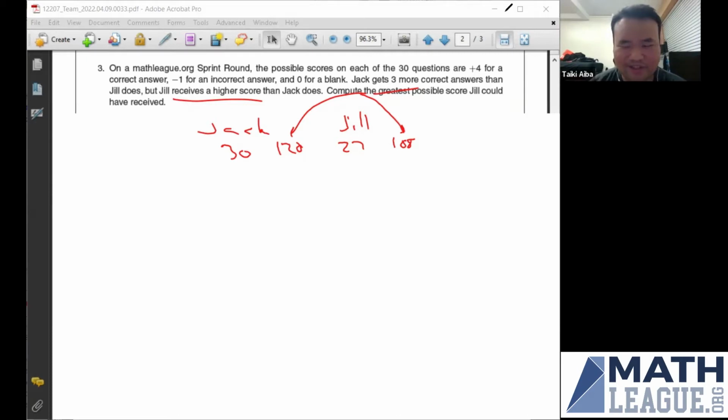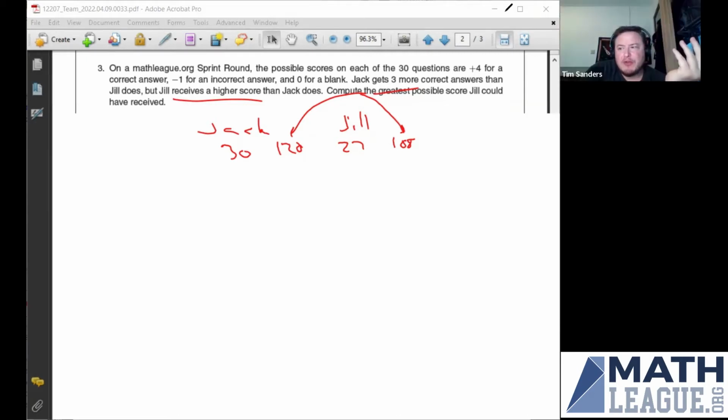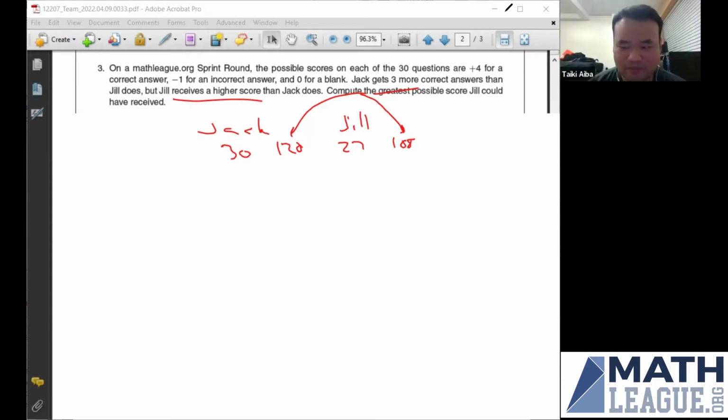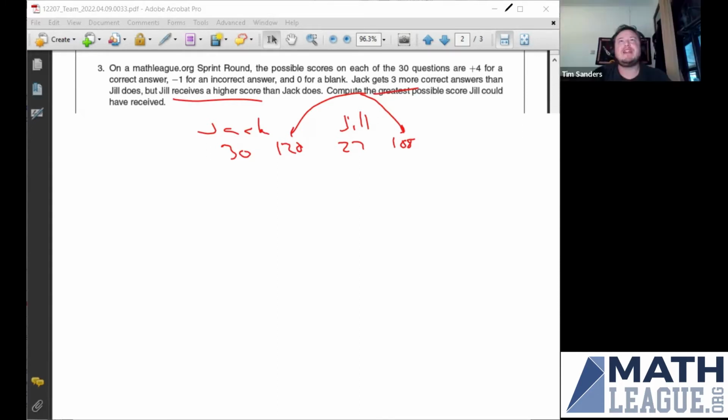We've got 13. We're going to have to make up somewhere, right? Jill doesn't get any bonus points, no matter how many she gets, right? The only way to get a differential of 13 is to cut Jack's score by 13, basically. And the only way to do that is with those penalty points, right?